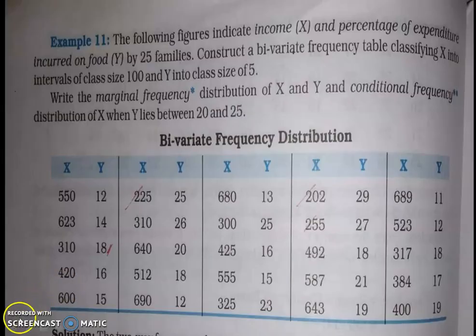The first is 225 and 25; it falls between 200 to 300 and between 25 to 30. Similarly, there is one more, 202 and 29. This falls between 200 to 300 and between 25 to 30.